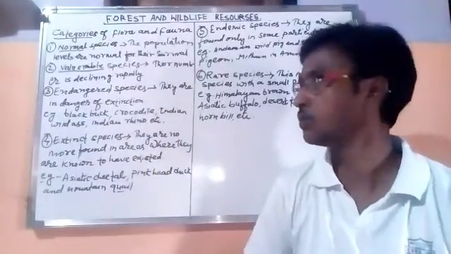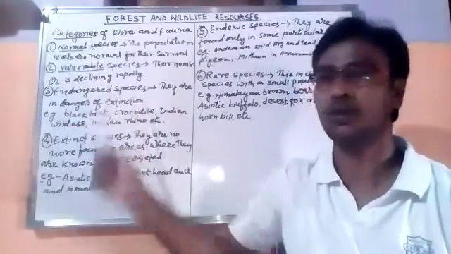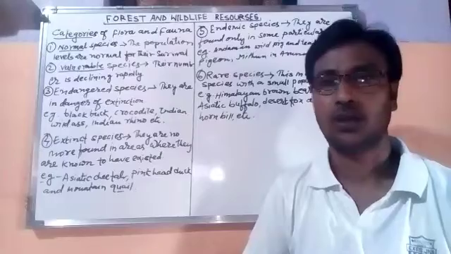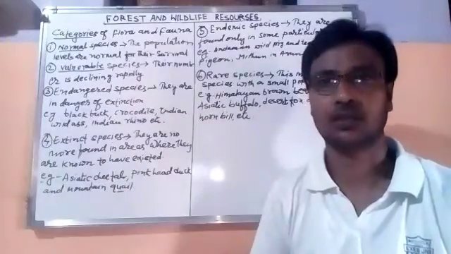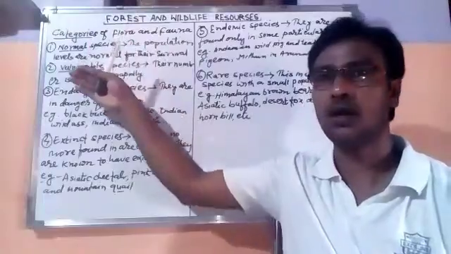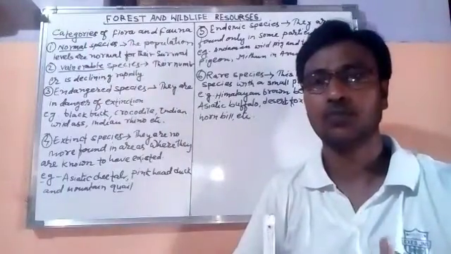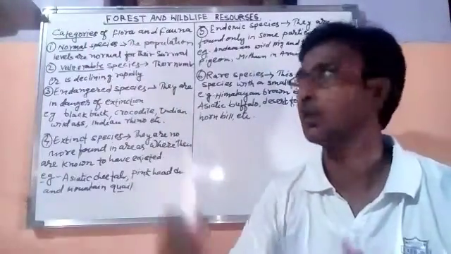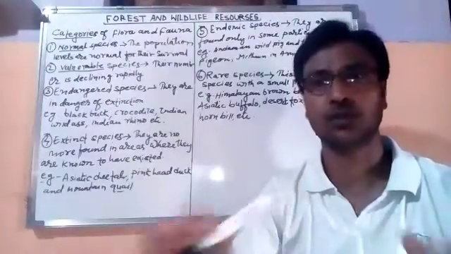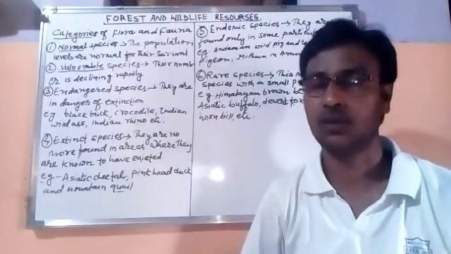So I hope you understood the normal species, the vulnerable species, the third, endangered species, and the fourth one, extinct species. You see, they are connected to each other. The first one is normal, their number is normal on different parts of the earth.